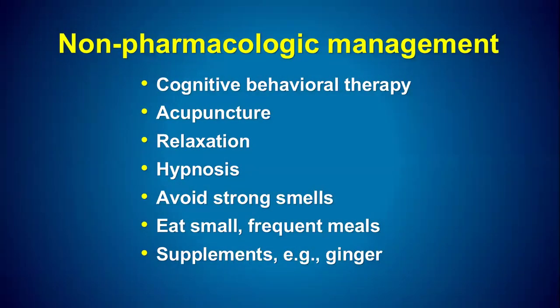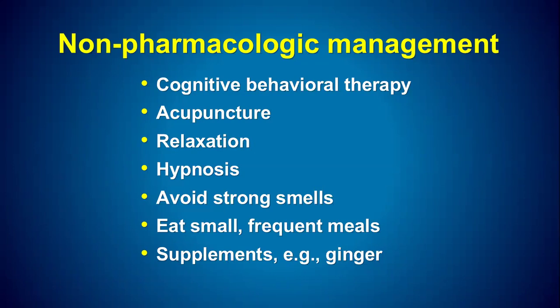So coming to the non-pharmacological management first, there are certain measures which can be taken. Cognitive behavioral therapy, acupuncture, relaxation, hypnosis can be given, especially when you know what the triggering factor is. So, for example, if it's a chemotherapy, they have something called pre-chemo nausea vomiting.